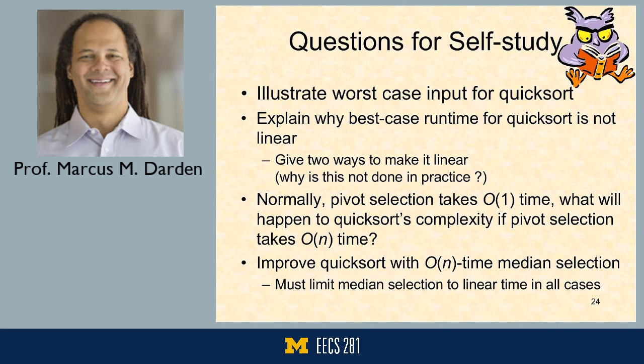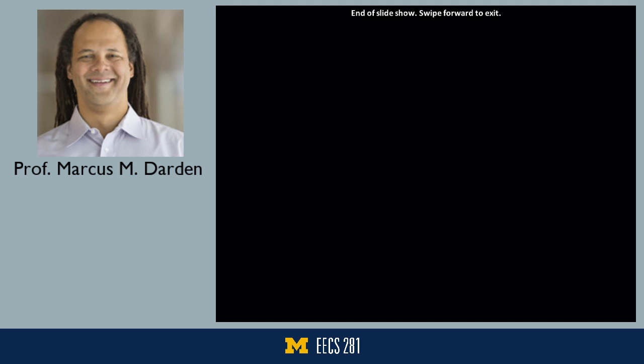If I do my pivot selection in constant time, what happens if I do a little bit more work and do my pivot selection in linear time? Does that change the complexity? What if I improve quicksort with linear time median selection? Can you do that? All right. That is that.